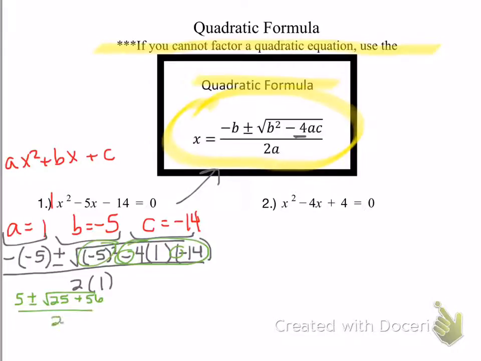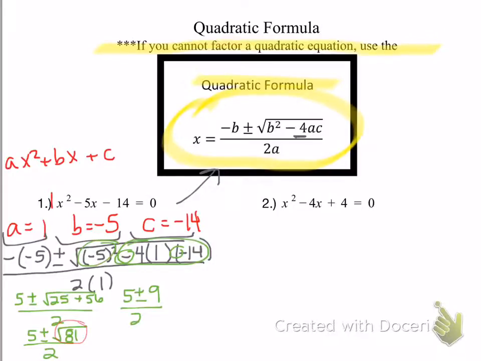All of that's over 2. Next we combine them, so we've got 5 plus or minus radical 81, from doing 25 plus 56, all over 2. Next I need to simplify this radical 81. In your calculator or in your head, you can see that radical 81 gets you 9. So I have 5 plus or minus 9 over 2.